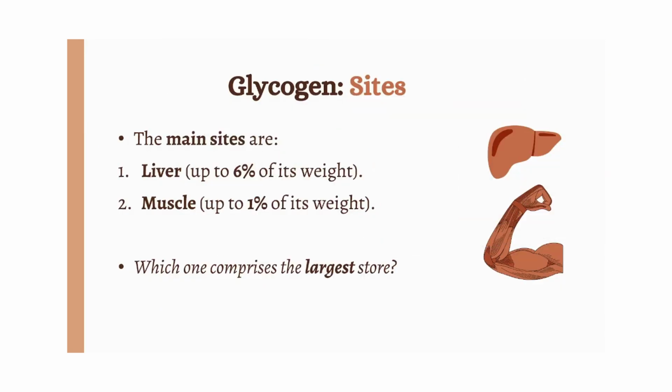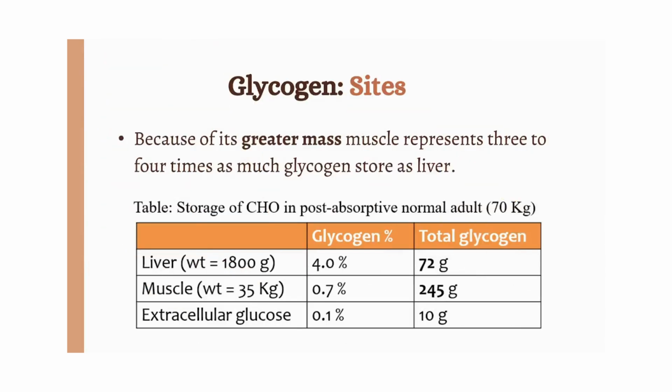The main storage sites are the liver and the muscle. The liver can store up to 6% of its weight as glycogen, while muscles, particularly skeletal muscles, can store up to 1% of its weight as glycogen. So which one comprises the largest store of glycogen? It is the muscles because they have a greater mass, and the greater mass corresponds to much more glycogen compared to the liver.